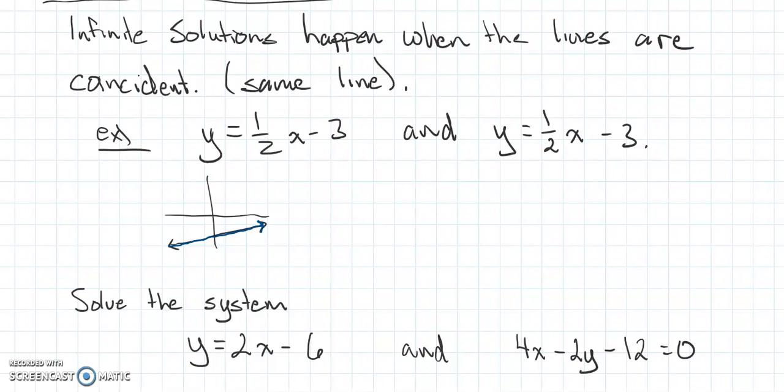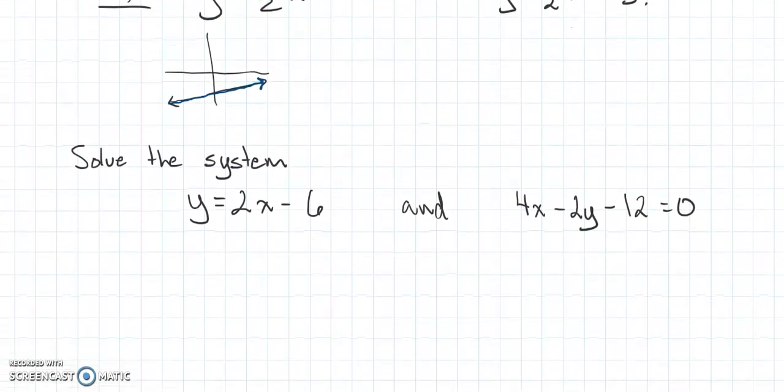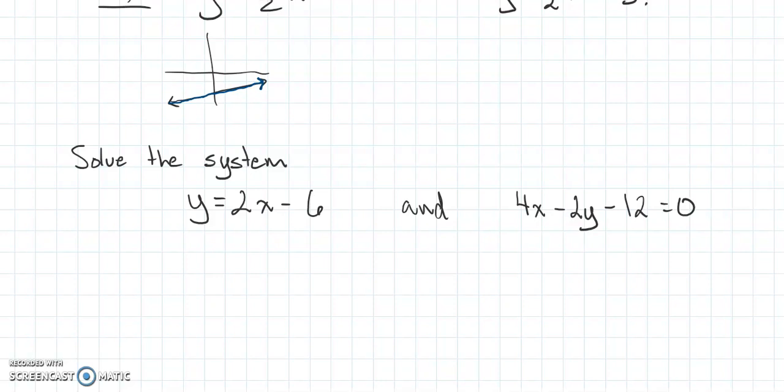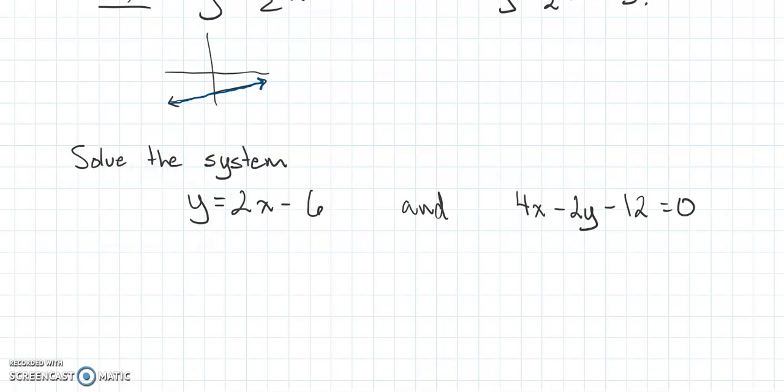So there's my two lines, one's in y equals mx plus b form, and the other one's in standard form. So it's not immediately obvious if these lines are parallel or coincident or not. So we might not be able to tell how many solutions they're going to have just by looking at it.